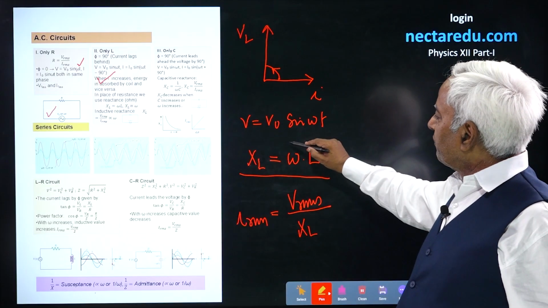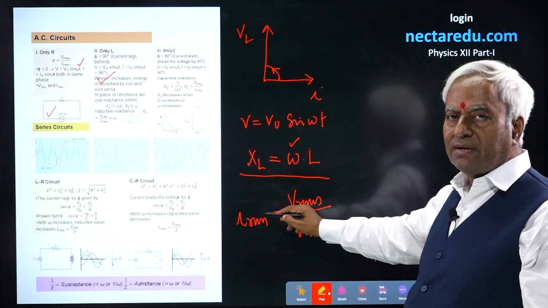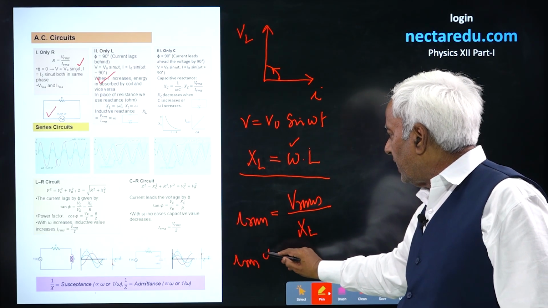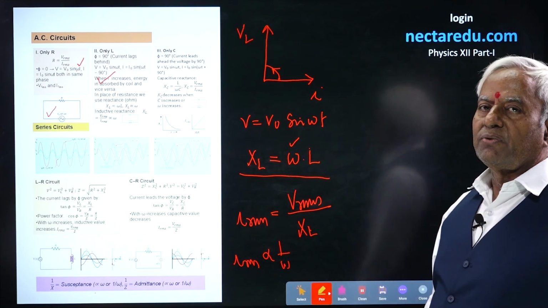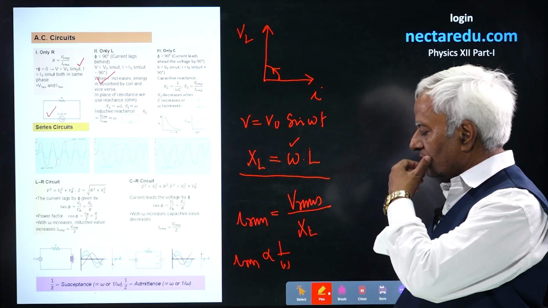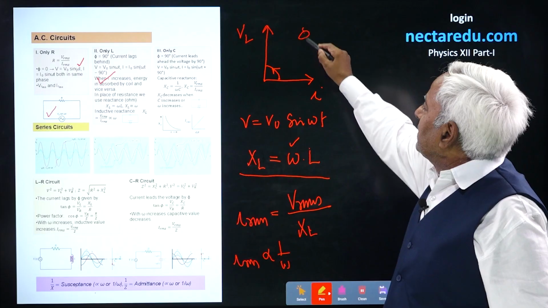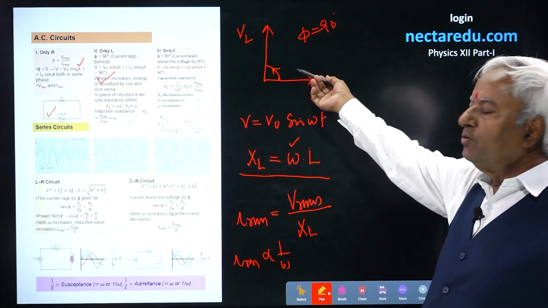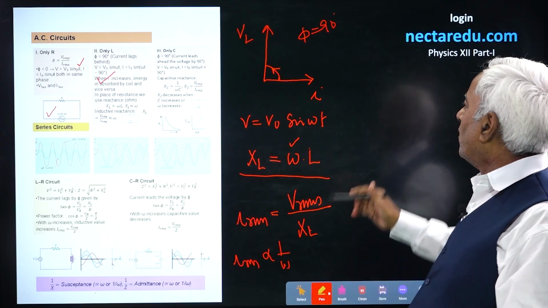You increase the frequency, XL will increase and current will decrease. That means Irms can be increased by decreasing the frequency. You can have a hyperbolic relation between the two. When the phase difference is 90 degree, obviously no power should be consumed in the circuit. That's why we have wattless current flowing through a coil.